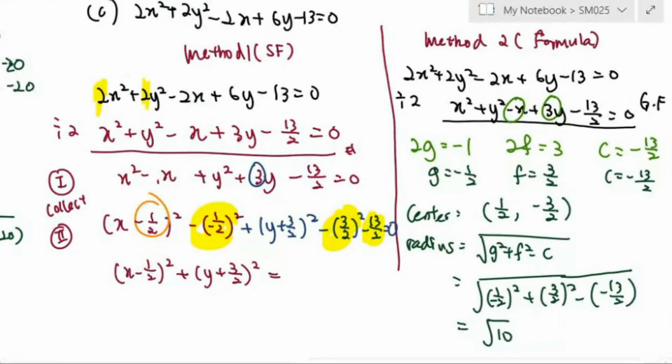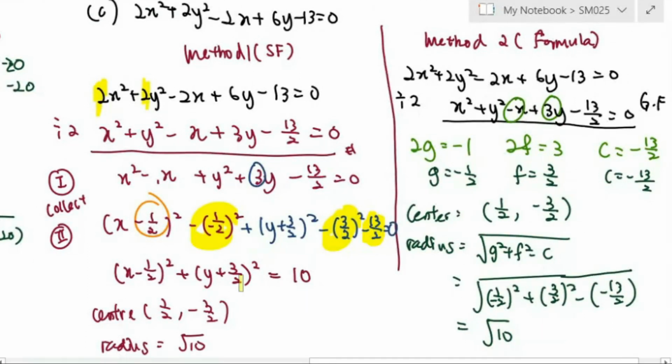This constant, then move back to the right hand side, it will be equals to 10. Alright, so from here you can see your center from the standard form: x equals 1 over 2, y equals negative 3 over 2. So how about your radius? It will be the square root of 10. So you can see both answers won't have any conflict. Both methods will give you the same answer.